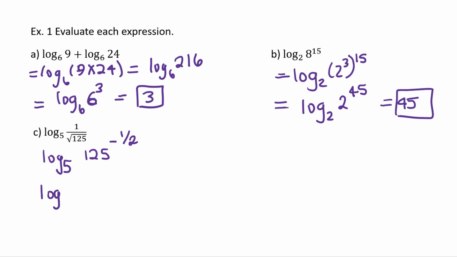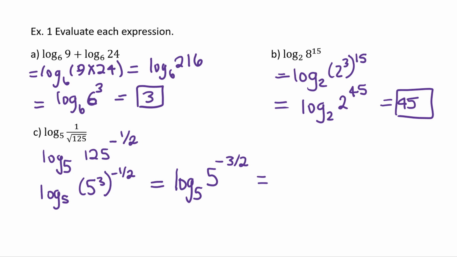Then we have log base 5 of, we will re-express 125 as 5 cubed to the negative 1/2. Let's use properties of exponents, and we'll write this as log base 5 of 5 to the power of, you multiply the 3 and negative 1/2 together, which would give you negative 3/2. And the identity property of logs gives us that this is equal to negative 3/2.